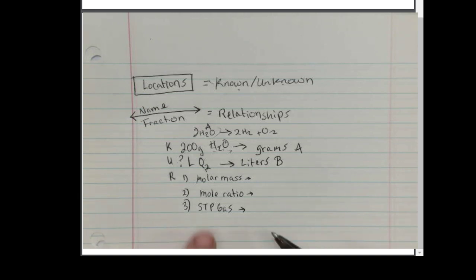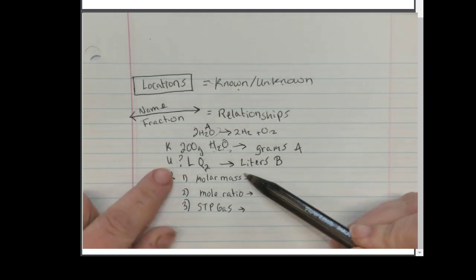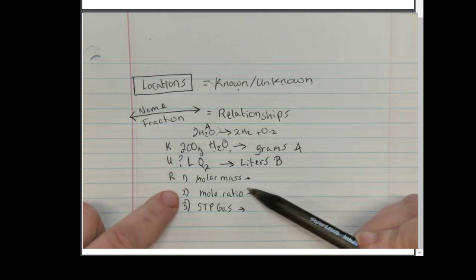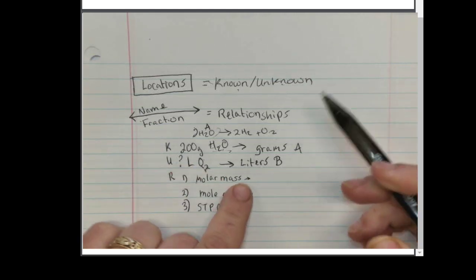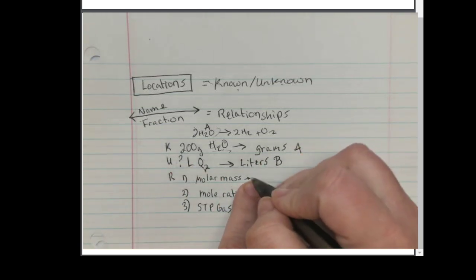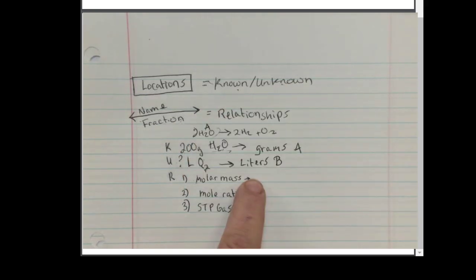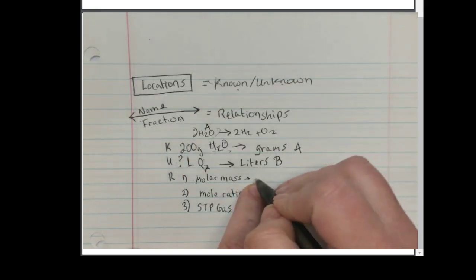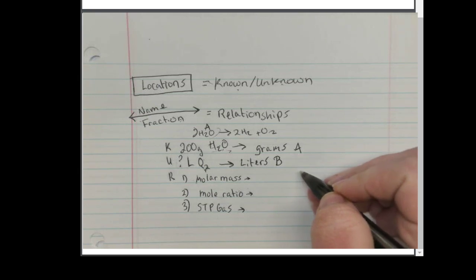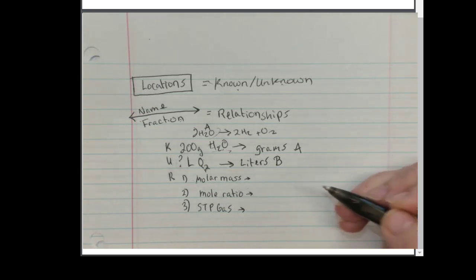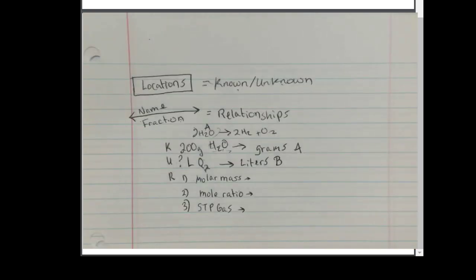Okay, so as you can see, I've labeled my relationships: molar mass, mole ratio, STP gas. What comes after it is the fraction. We're going to put the fraction that was on the bottom of the double-ended arrows next to it. I actually have a stoichiometry roadmap on hand right here that I'm going to refer to.